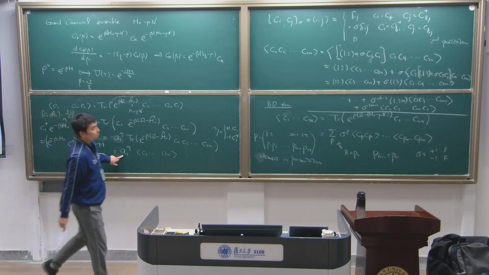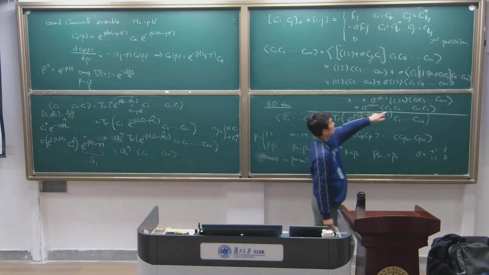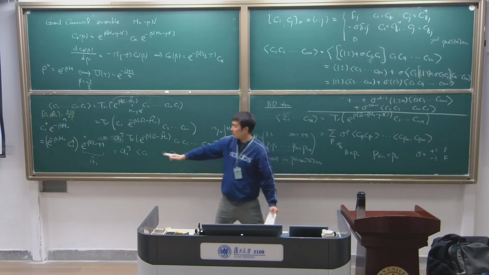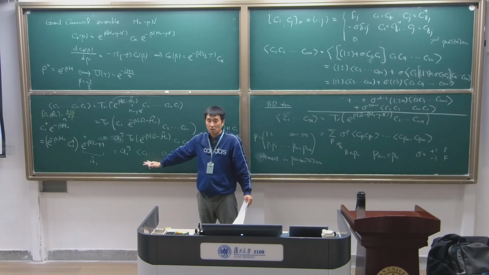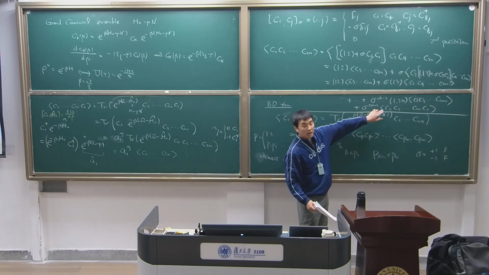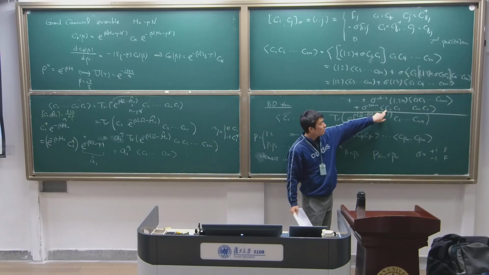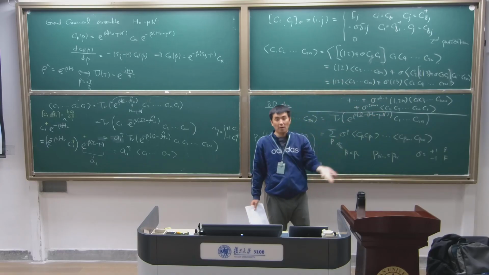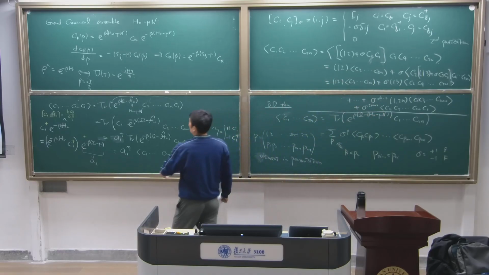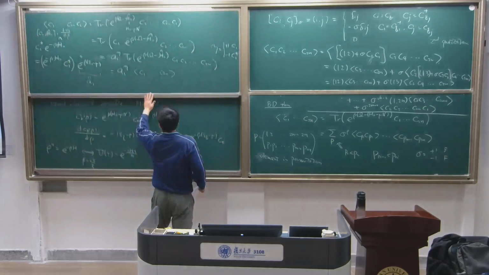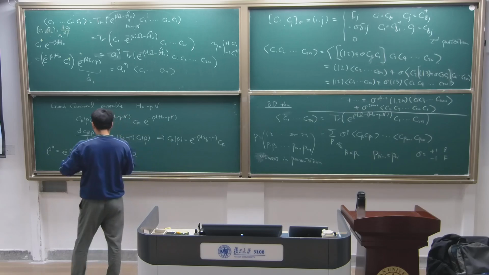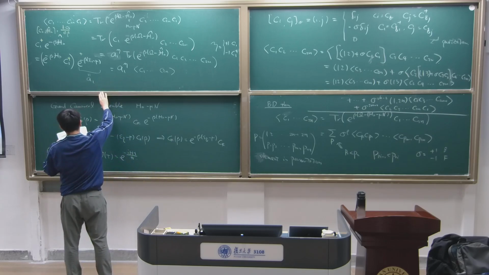So just plug this one into here. Okay. And the left hand side is equal to what's written here. Therefore, bring this guy into the left hand side and just divide by the overall part.